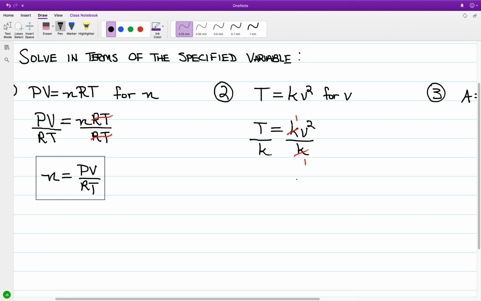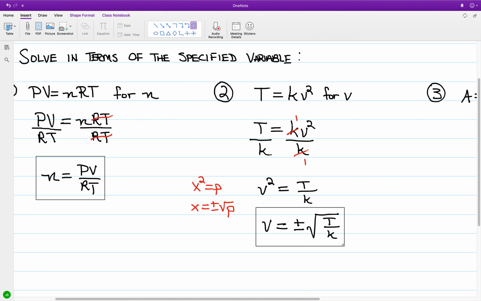And so we have T over K is equal to V squared, or in commutative terms, V squared is equal to T over K. Thinking of the square root property of equality, just as x squared equals P goes to x is equal to plus or minus the square root of P, in this one we have V is equal to plus or minus the square root of T over K.